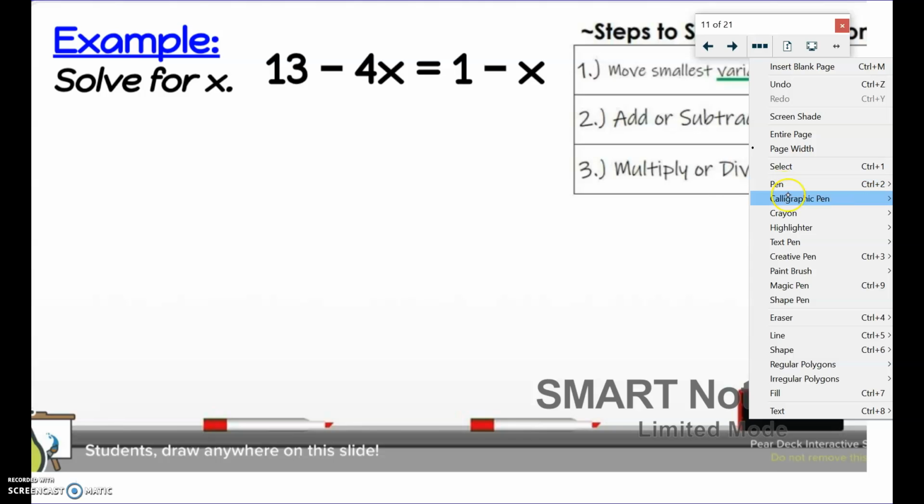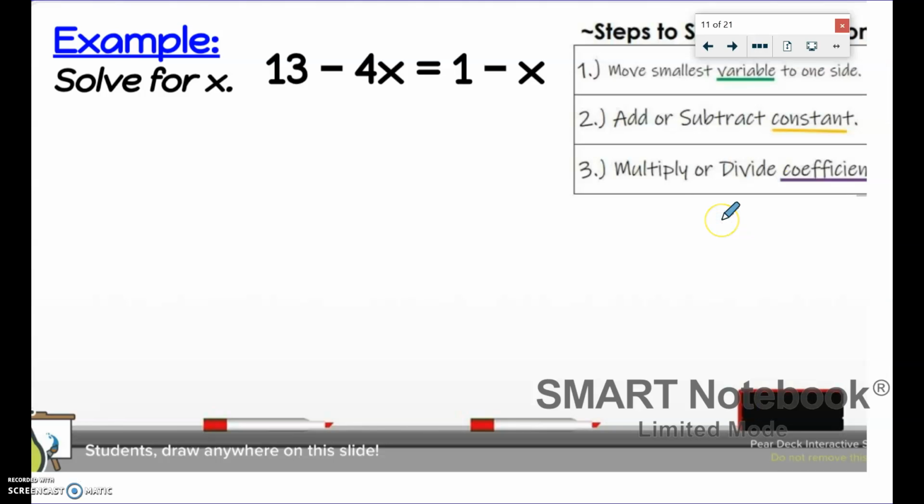And let's take a look at our last example. I have 13 minus 4x is equal to 1 minus x. So I'm going to move my smallest variable, and keeping integers in mind, -4x is smaller than -x. So what I'm going to do, I'm going to add 4x on both sides.